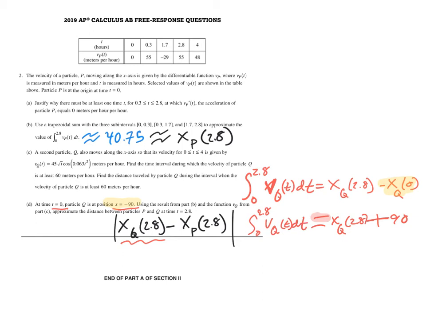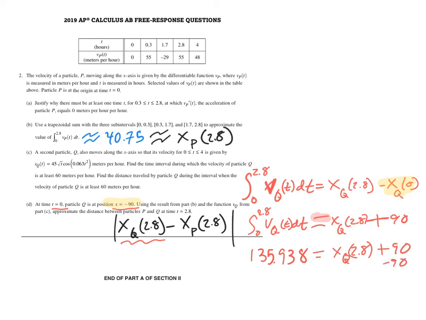And again, we could just use the calculator to do this integral. I'm not going to show you how to put it in the calculator again, but you should be able to do this. Again, that's already in your y1 function, so you're just going to do the integral from 0 to 2.8. When I plugged it in, I got 135.938 if I round. So that equals x of Q at 2.8 plus 90.